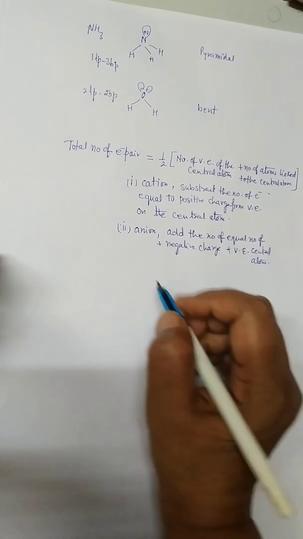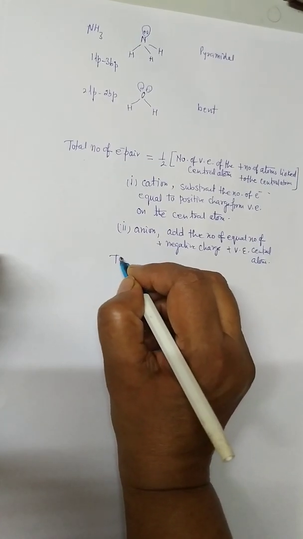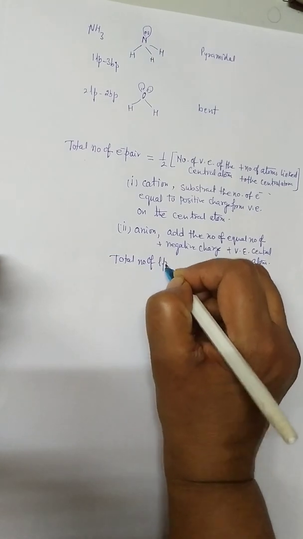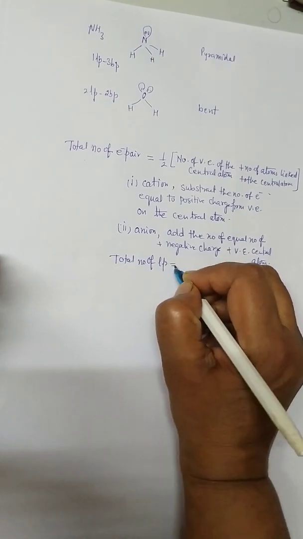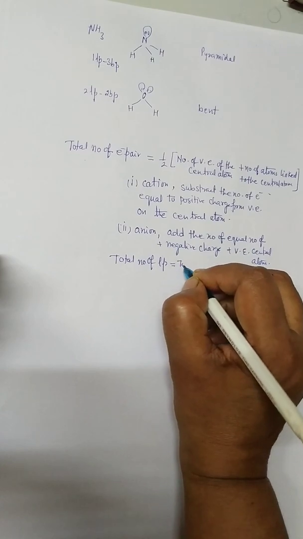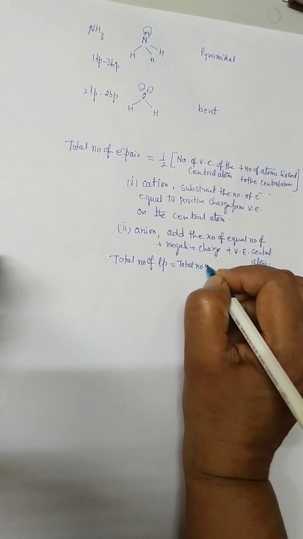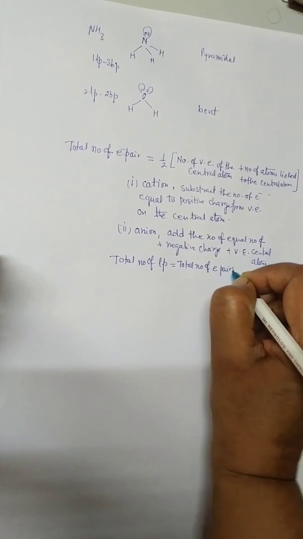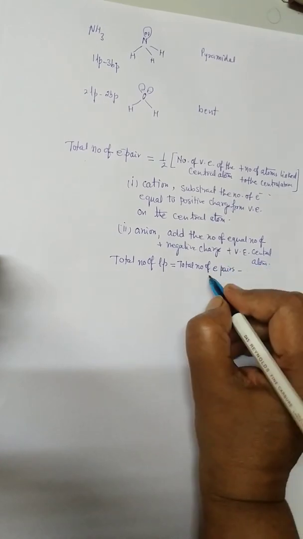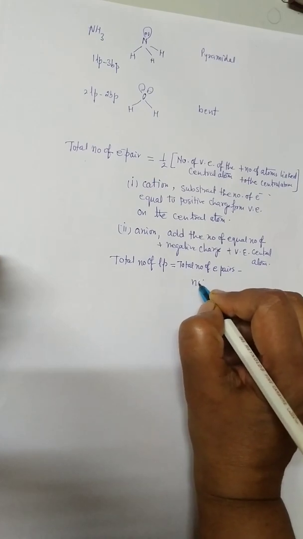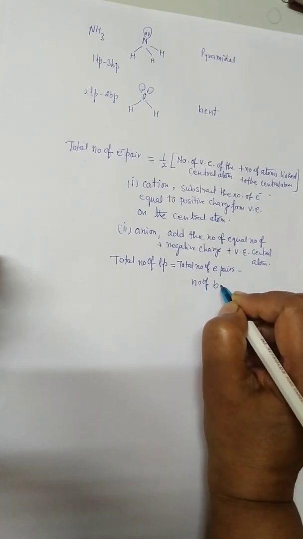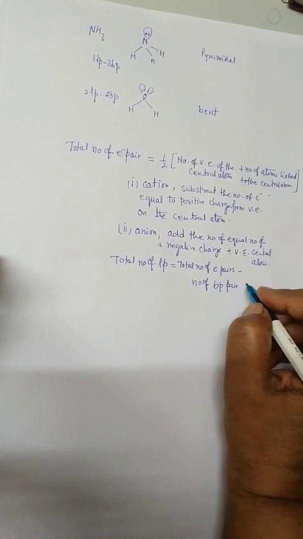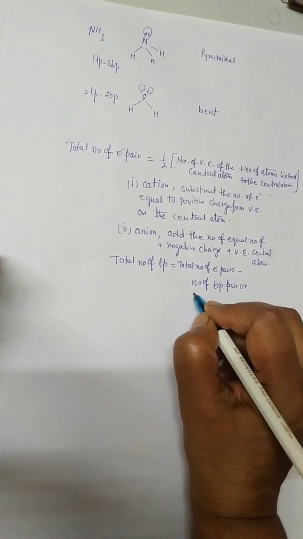Okay. Then you find out the total number of lone pairs, which is equal to the total number of electron pairs minus the number of bond pairs or shared pairs.